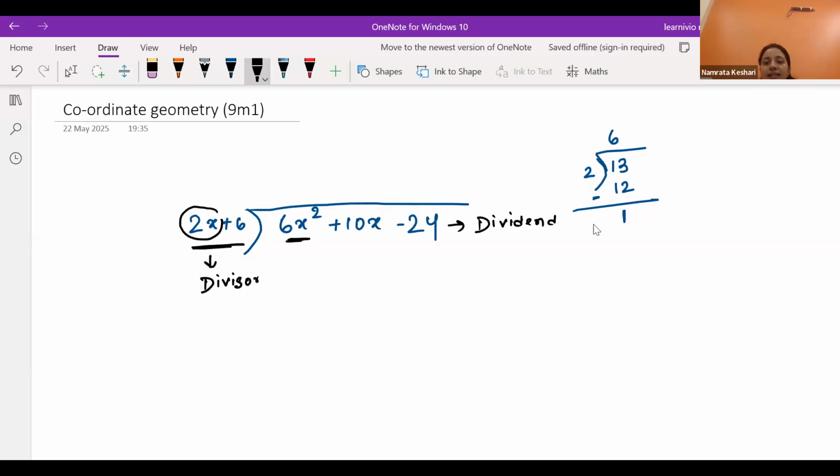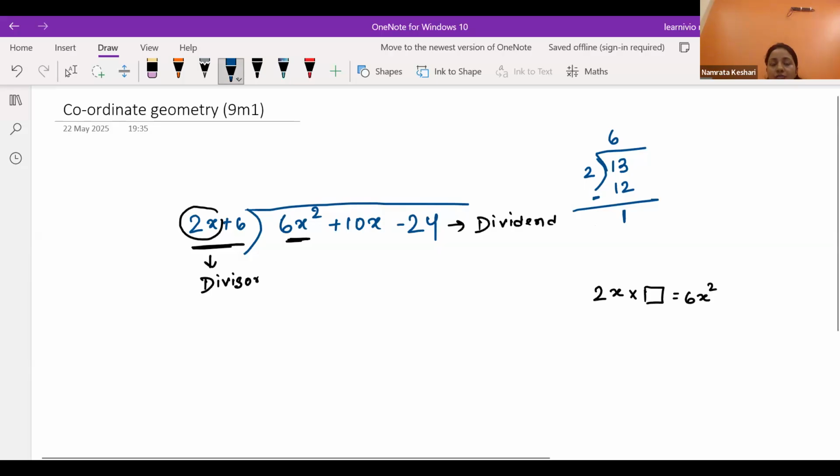What should we multiply with 2x to get 6x square? Is it 3x? Okay, it is 3x.